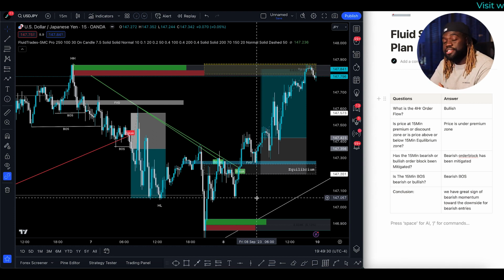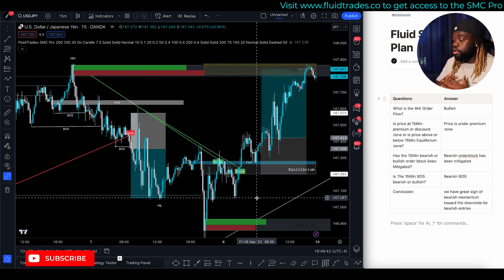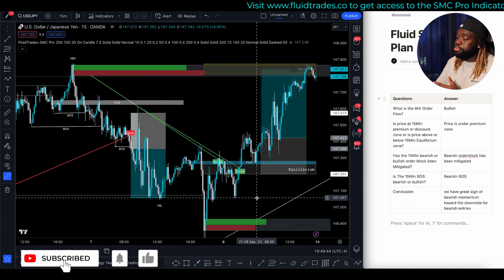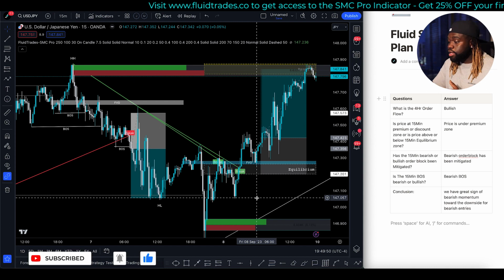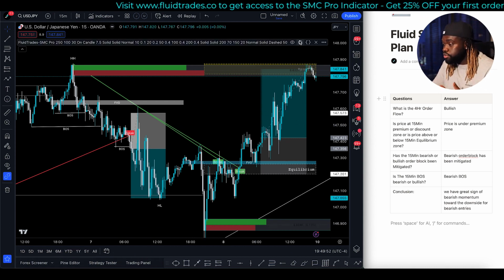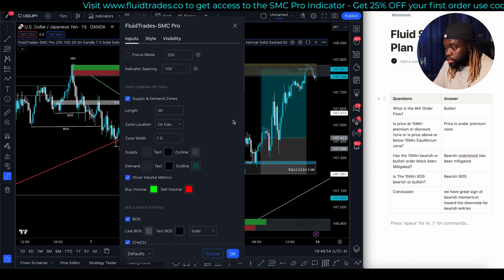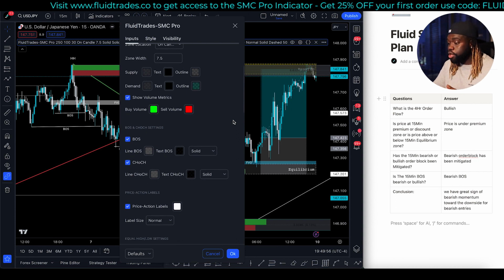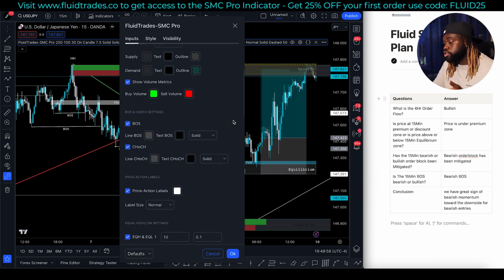So guys, yes, this strategy might not work for everybody, and that's perfectly okay. Not every strategy is gonna work for you. You just gotta find the right strategy that works for you. And for me, I have my plan, I have my trading strategy, and I have my edge in the market, which is the SMC Pro indicator that comes with multiple great features for you to have an edge in the market and execute your trades.